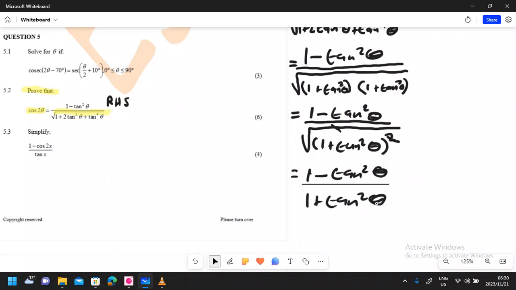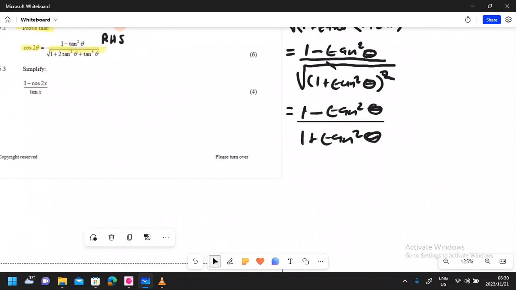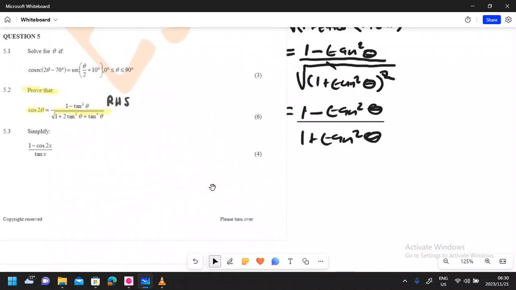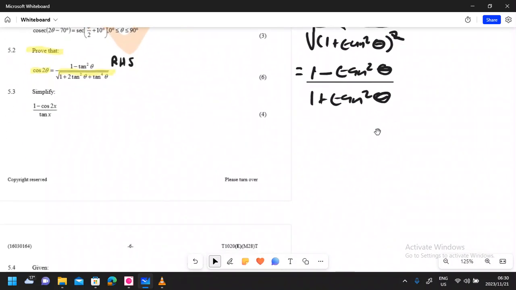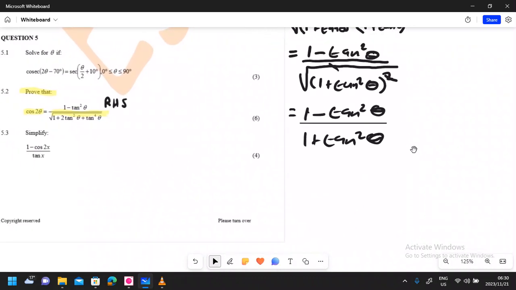With this one, now it's time for us to solve. Remember, this question is about 6 marks, so it's going to take a little bit of time for us to solve it. But as long as we are paying attention to what we're doing here, if you come across this, you can do it within a few minutes. All right, so we have the numerator 1 minus tan squared, the denominator 1 plus tan squared.